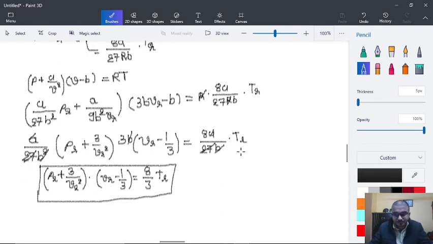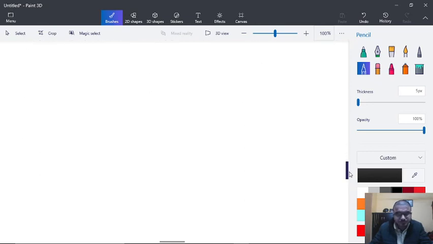That is the law of corresponding states.